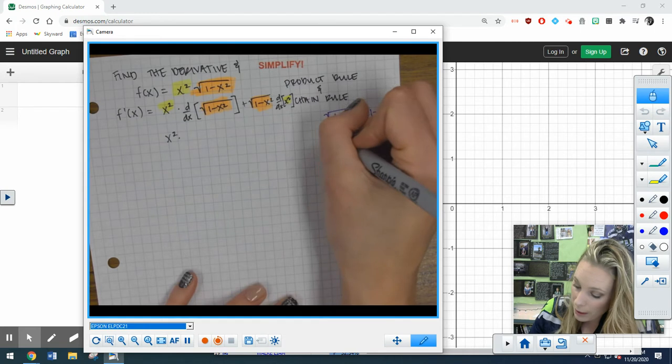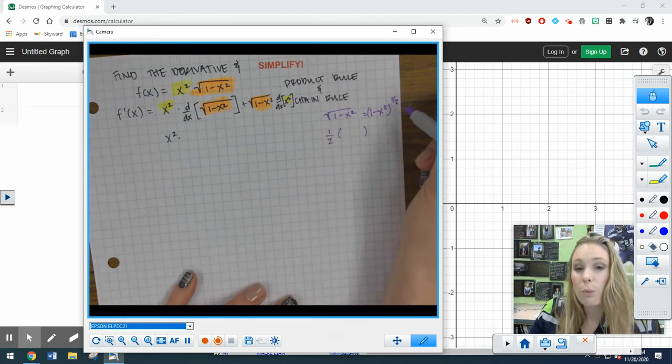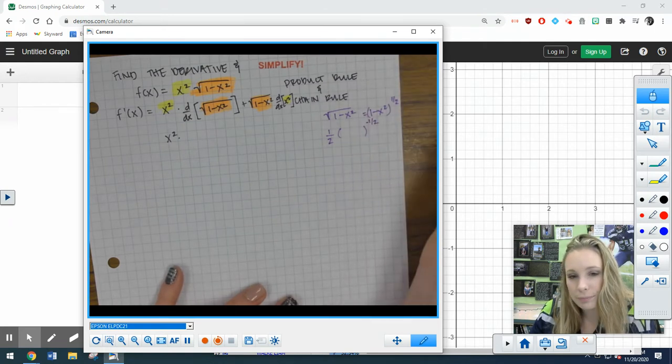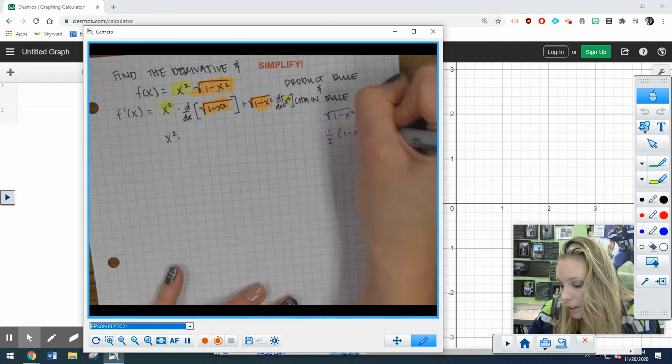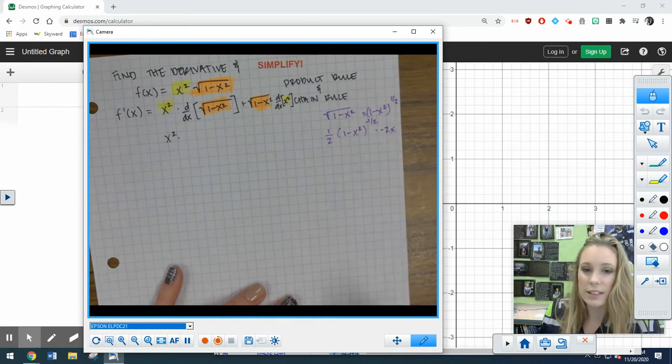So I'm going to multiply by a 1/2 power. I'm going to drop an exponent. 1/2 minus 1 is negative 1/2. Keep the inside the same, and then multiply by the derivative of the inside. The derivative of the inside is negative 2x.